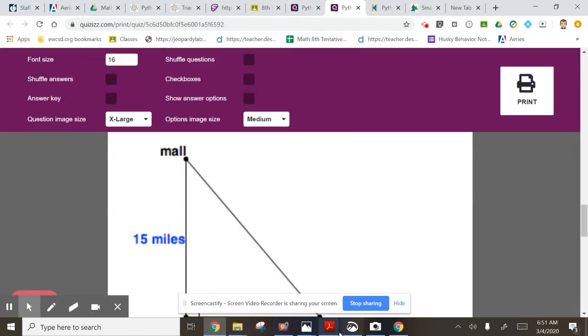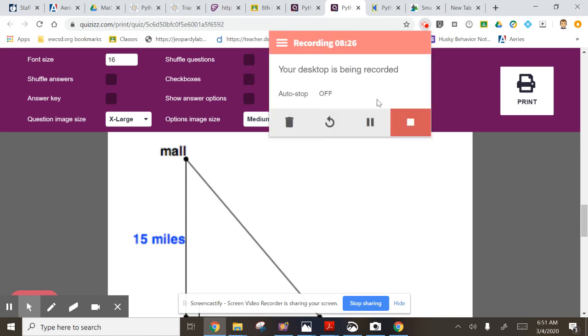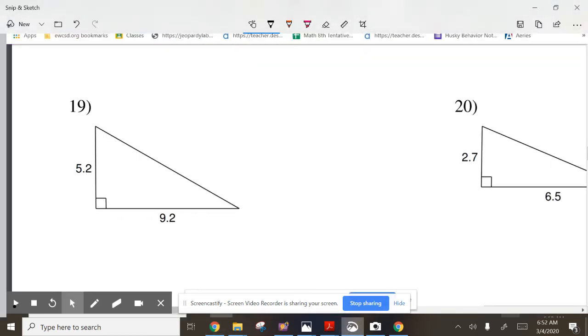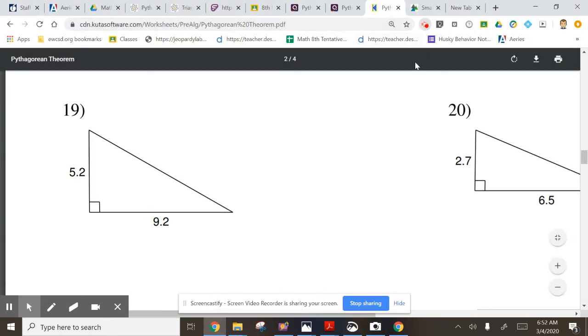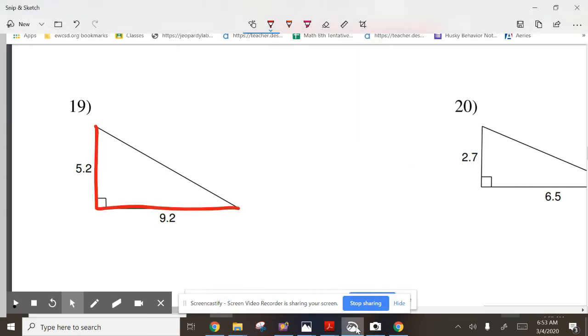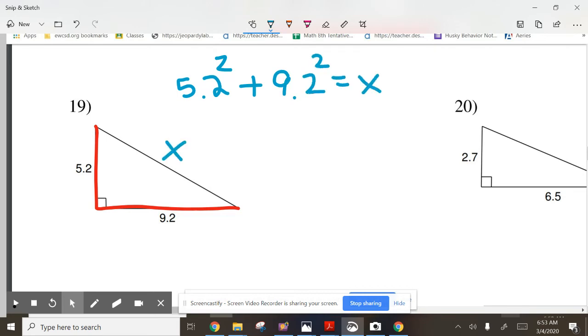Now I'm going to give you one from your homework in just a second. Let's finish off this Edpuzzle. What's interesting about these problems is that there are decimals in there. Don't let those mess with you. Same step, let's put the L. Now we're going to do the same thing: my leg squared plus 9.2 squared equals, we don't know what that is, x squared.